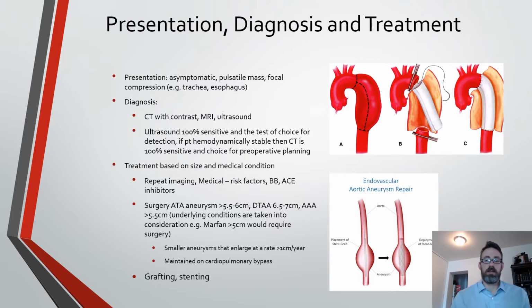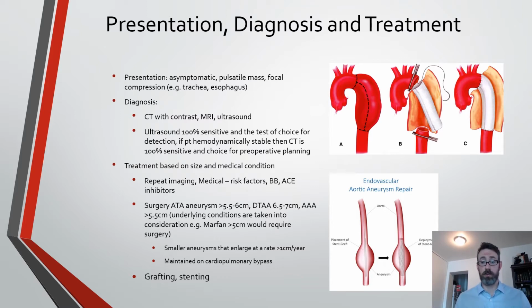They found that for the ascending thoracic aortic aneurysm, it's greater than 5.5 to about 6 centimeters. For the descending thoracic aortic aneurysm, about 6.5 to 7 centimeters. And for an abdominal aortic aneurysm, greater than 5.5 centimeters. That's the criteria for saying the risk is now significant and warrants surgery.